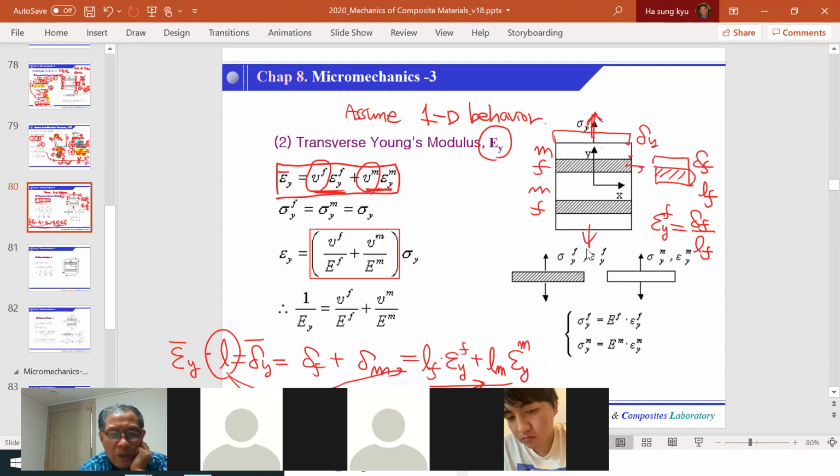And now in the force distribution, since we are applying the sigma y bar, by equilibrium this stress will be the same in the fiber as in the resin system. So simply the stress we apply will be the same in the fiber, the same as in the resin, and the same as in the composite.